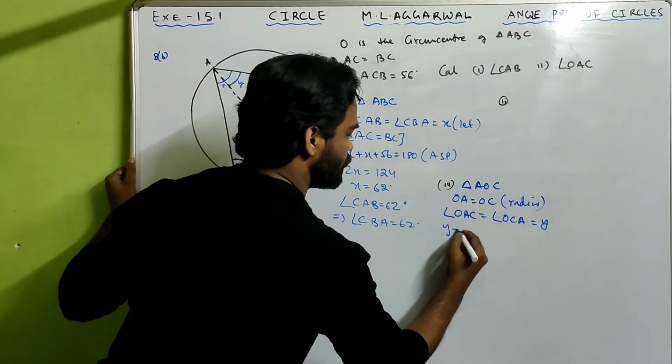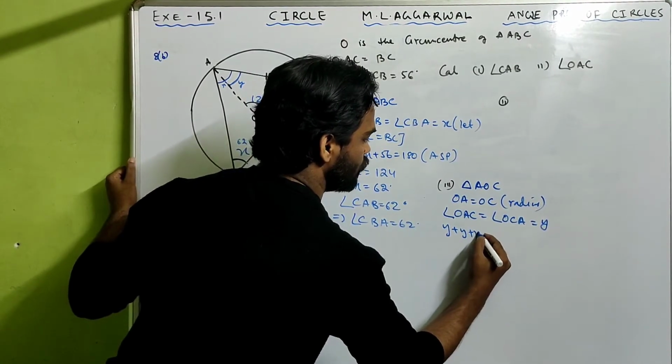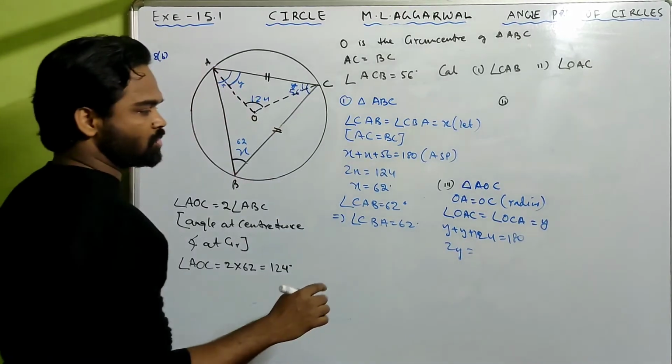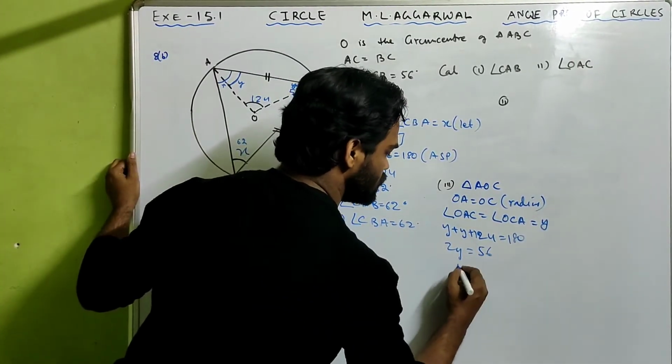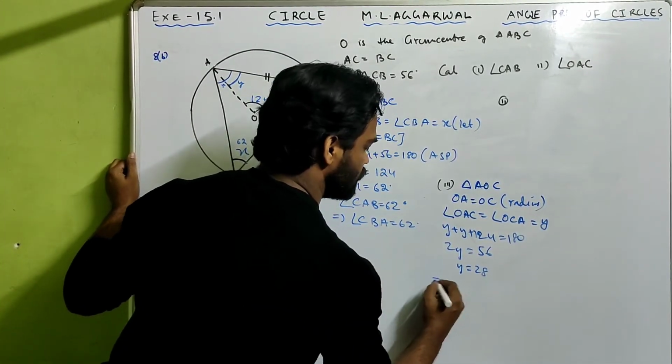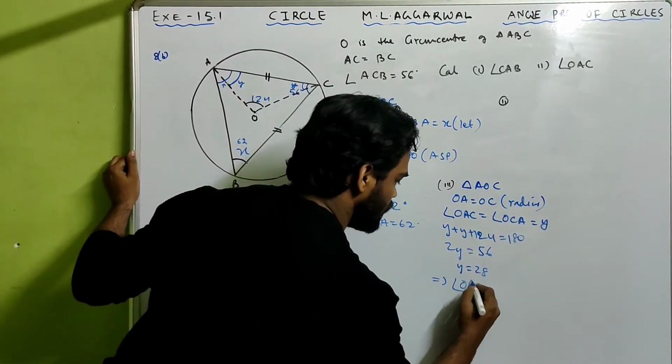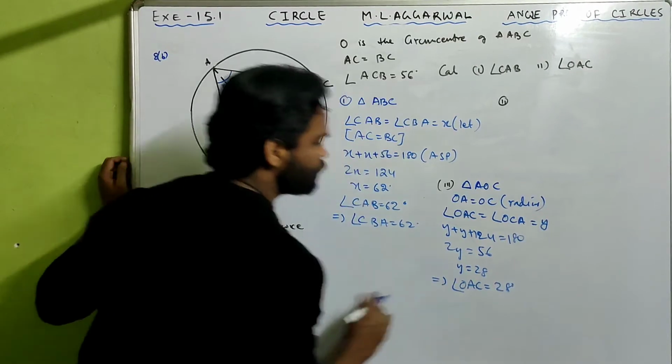So Y plus 124 equals to 180. So 2y equals to 180 minus 124, that's 56. So y equals to 28, which means angle OAC will be 28 degree.